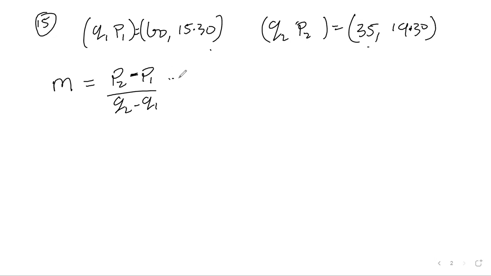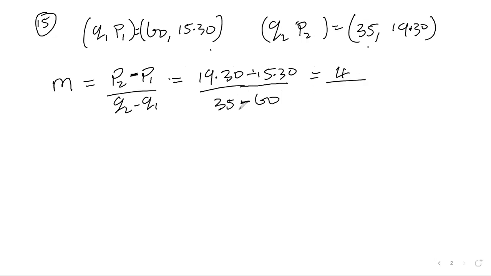So that would be (19.30 minus 15.30) divided by (35 minus 60). 19.30 minus 15.30 should be 4. 4 divided by 35 minus 60, which is negative 25. So minus 4 over 25 is our slope.